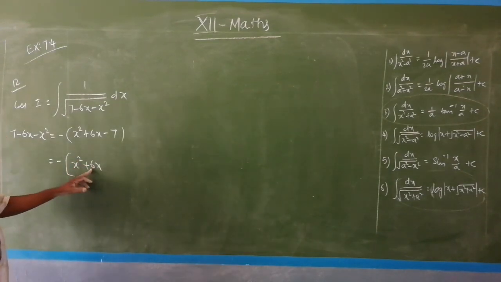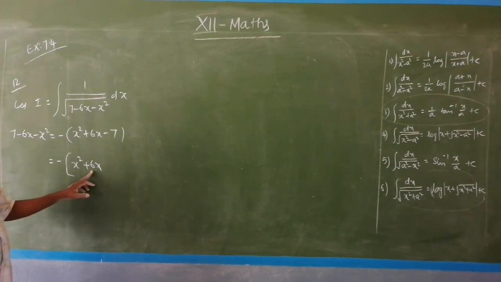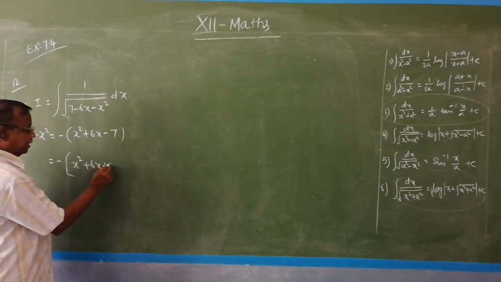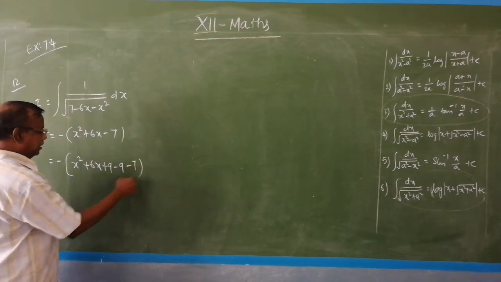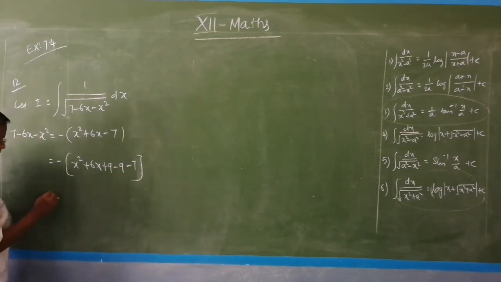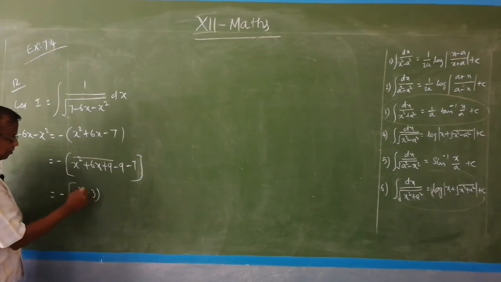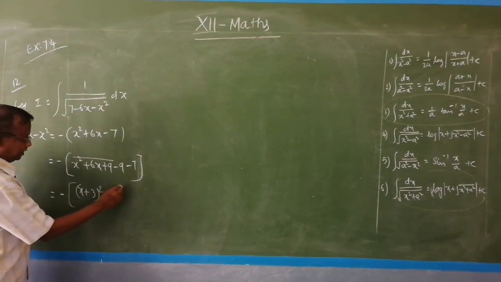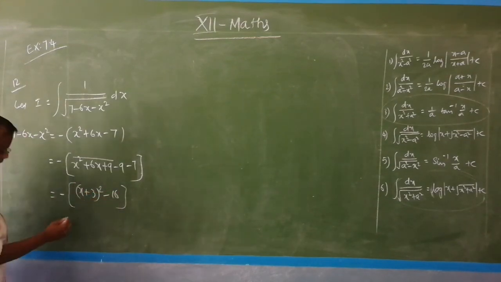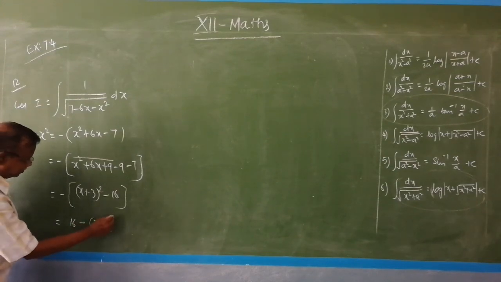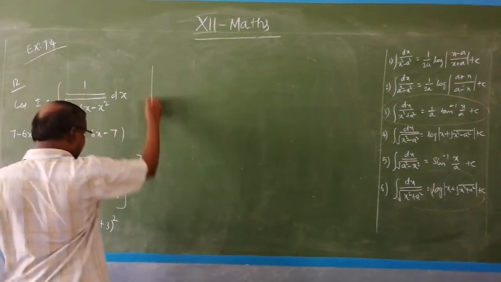The coefficient of x is 6, half of it is 3, squaring 3 is 9, adding and subtracting the 9 equal to minus of, this is x plus 3 the whole square minus 16, and bringing the minus here, it is 16 minus of x plus 3 the whole square.